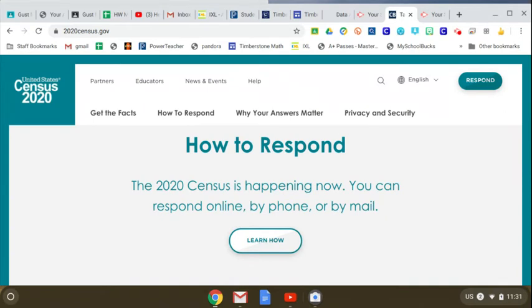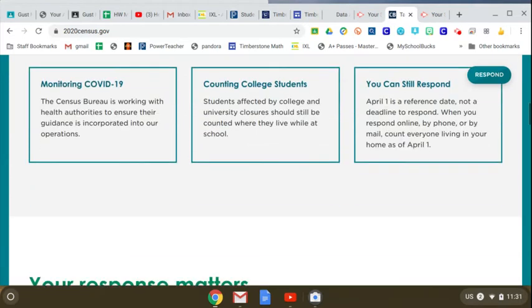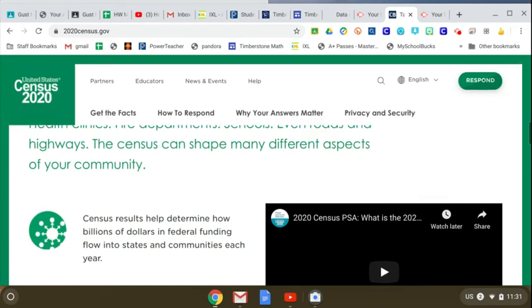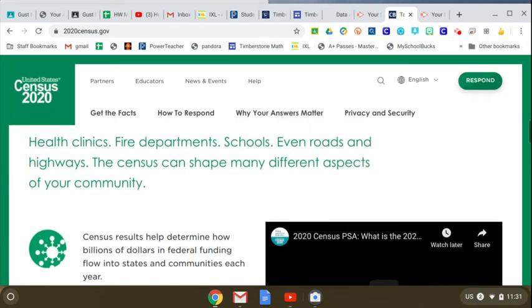So it's happening right now. It says you can respond online, by phone, or by mail. The purpose of this is to collect data of how many people actually live in the United States as of April 1st, 2020.